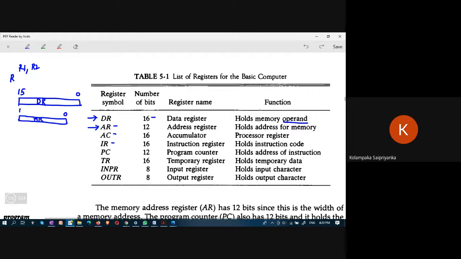Very good. 0 to 11. And what is the name of this register? Address register. And what does it hold? It holds the address for memory. Our RAM is there, no? This RAM has locations. Those addresses are held in the address register.